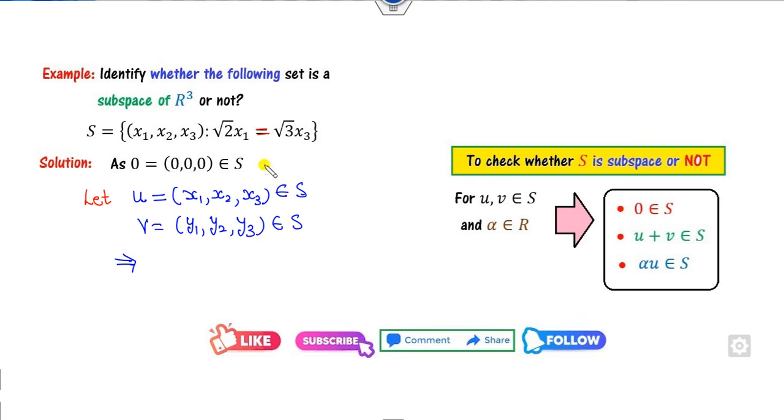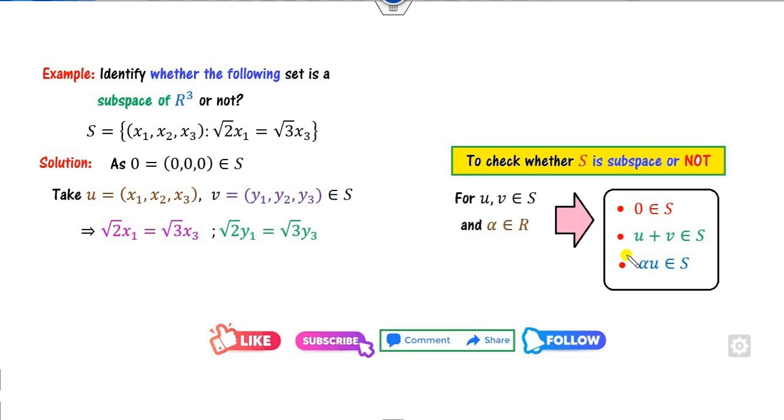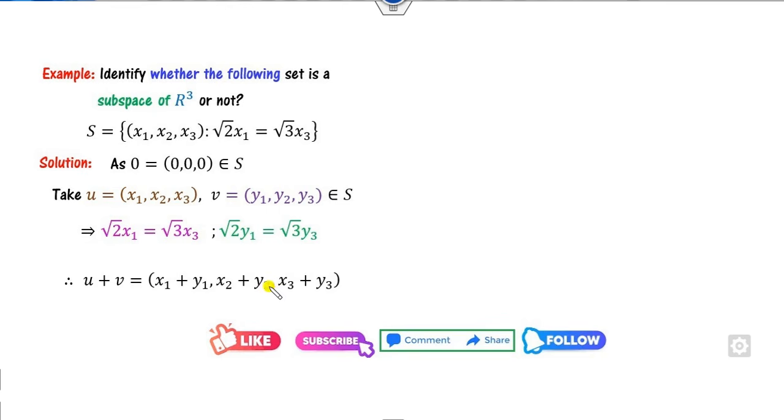If u belongs to S, it means root 2 x1 is root 3 x3, and y belongs to S means root 2 y1 is root 3 y3. Fine. This is given to you. Then your target is to find u plus v. So u plus v will be (x1 plus y1, x2 plus y2, x3 plus y3).